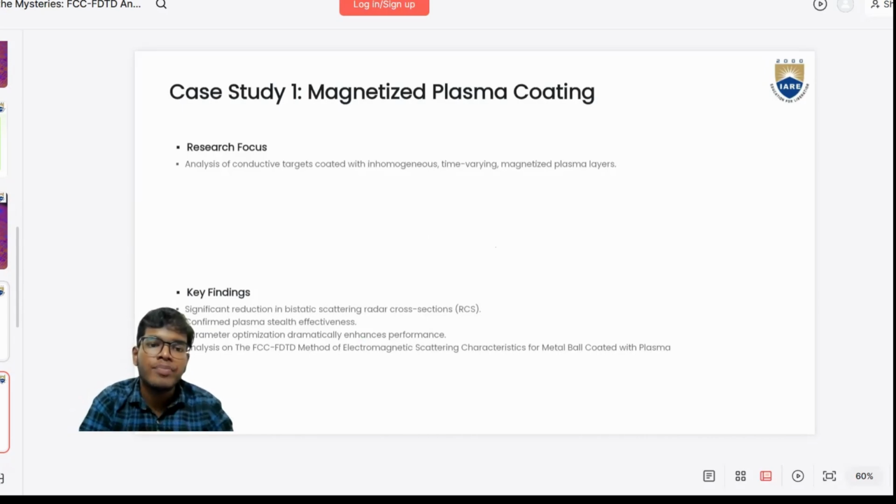Researchers focus analysis on conductive targets coated with inhomogeneous time varying magnetized plasma layers. The finding is a significant reduction in bistatic scattering radar cross section, RCS. This confirmed plasma stealth effectiveness, and parameter optimization dramatically improves performance.